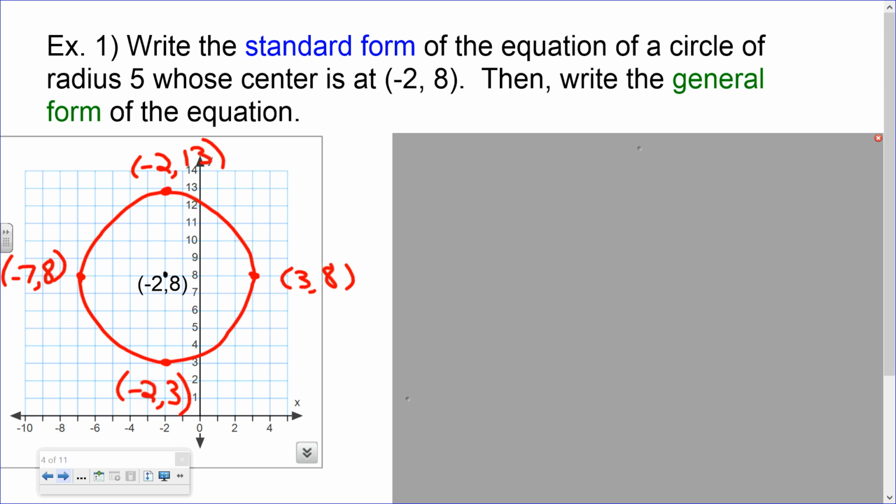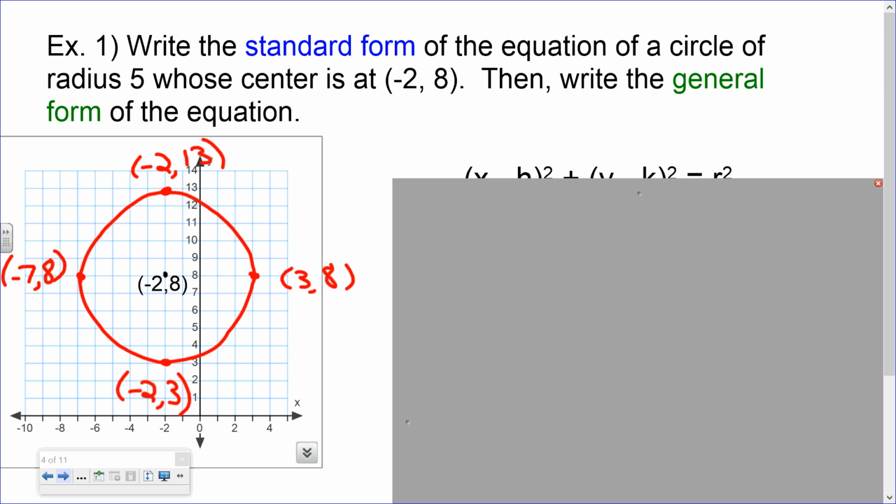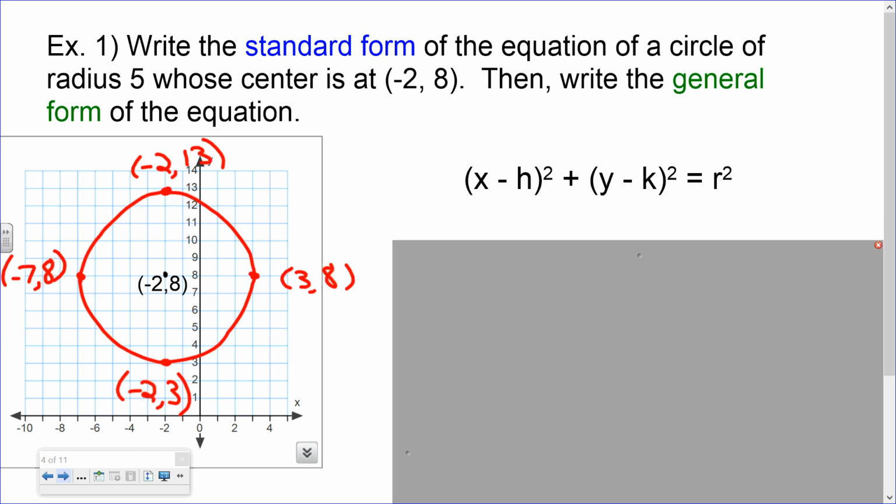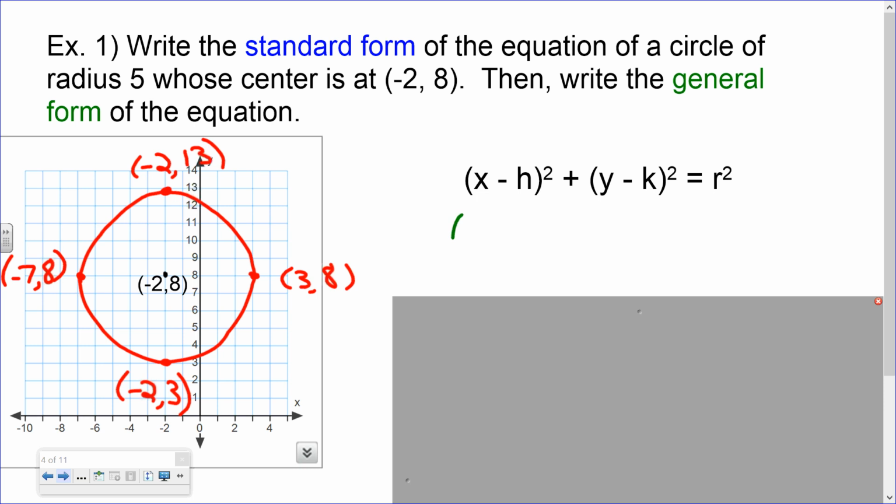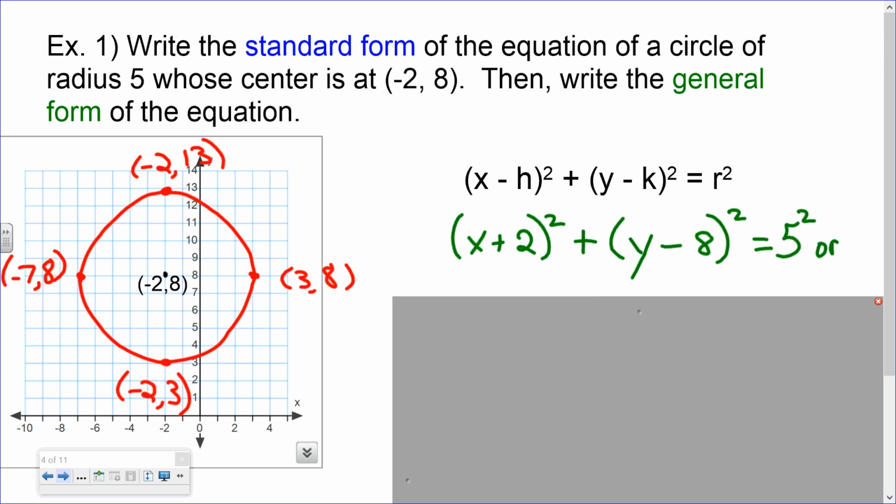So let's take a look at what this one does ask us to do. It asks us to get the general form of the equation, or the standard form and the general form. So first the standard form. Here is our formula. We're going to plug in the center for that. So we're going to say (x minus negative 2) squared plus (y minus 8) squared equals either 5 squared or 25.